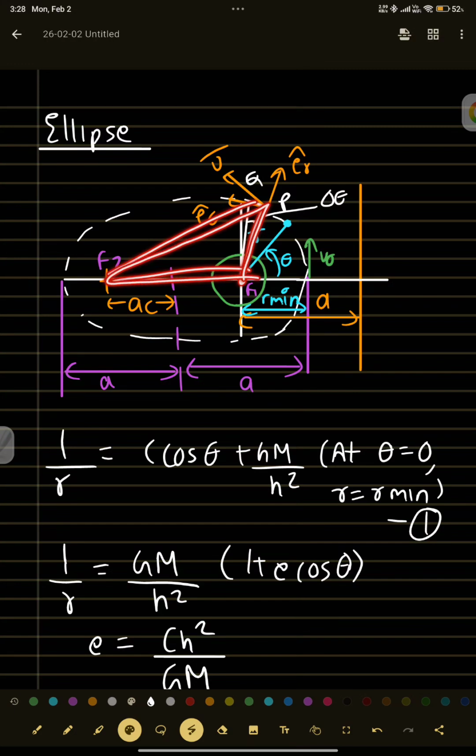So if this distance is b, this distance is b like you said, we can take this point, this point and this point.